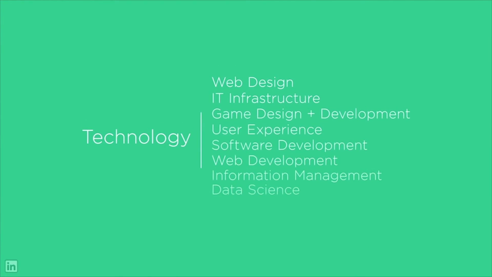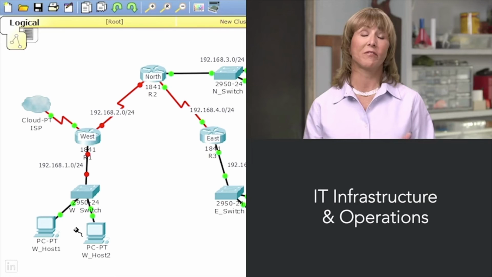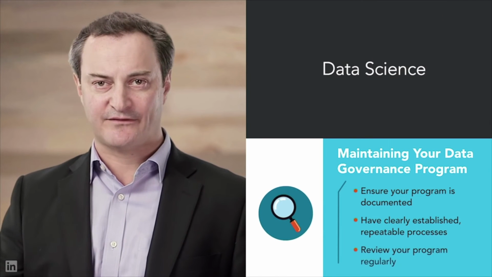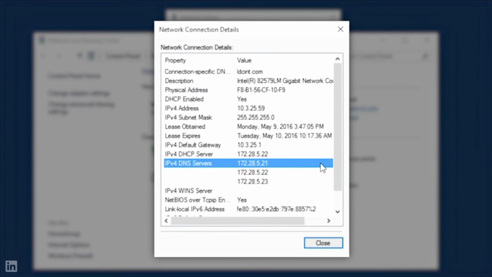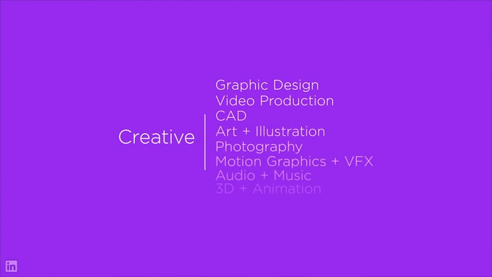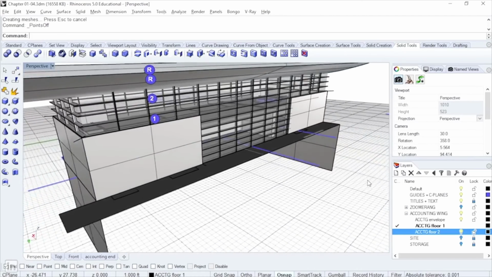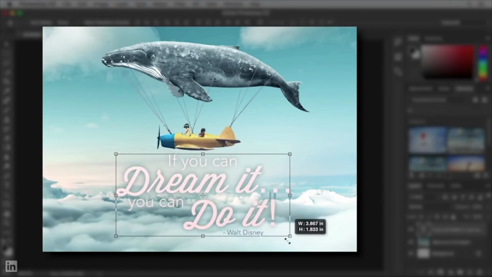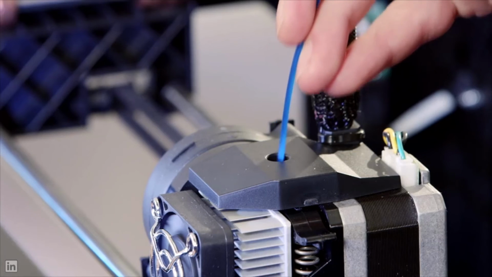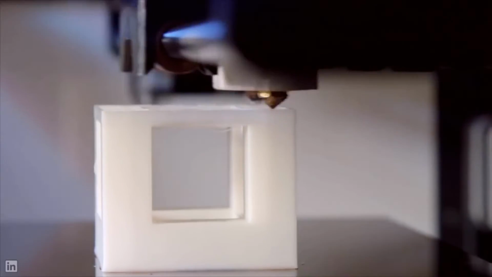Our technology library covers in-demand topics, including programming, infrastructure and operations, data science, and networking that are critical to software engineering and IT managers. Our creative library covers topics for CAD and creative professionals, with an emphasis on design and staying on top of emerging trends and technologies.